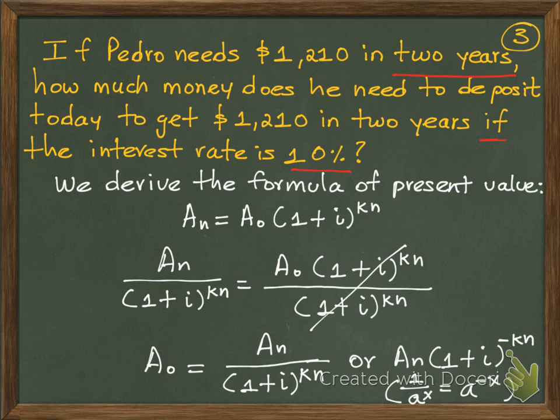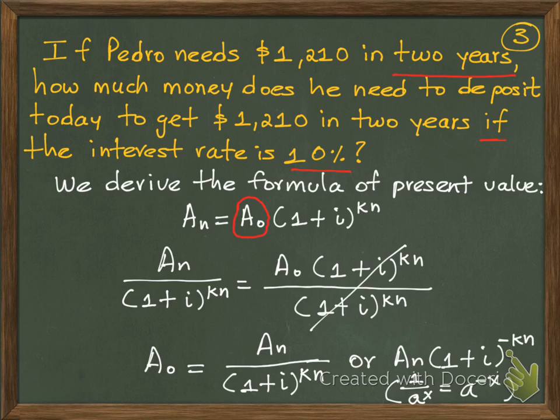we need to reverse the formula. The compound interest formula that we have, we need to reverse it to calculate the present value. So the formula is A_N is equal to A_0 times (1 plus i) to the k times n. We need to solve for A_0. This A_0 is going to give us the present value.